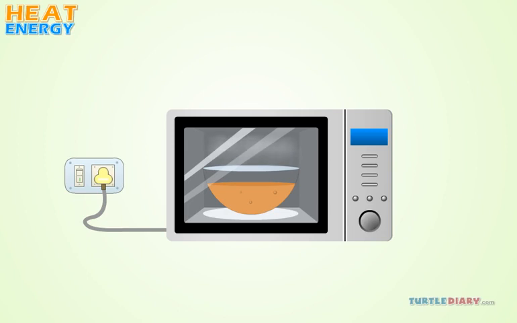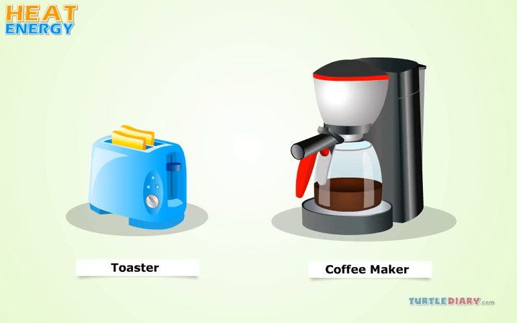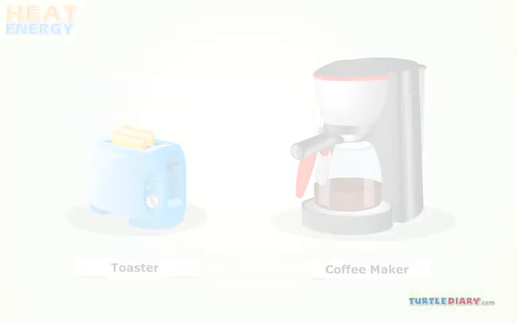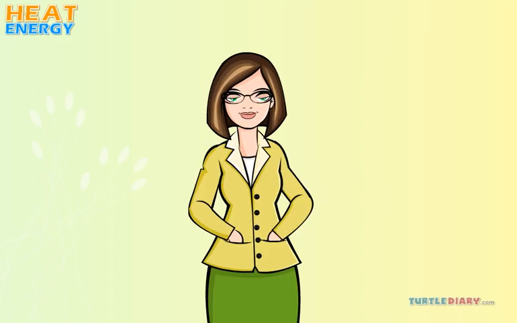The hot bowl transfers its heat energy to the liquid being heated. Toasters and coffee makers are two other sources of heat energy found in our homes. Can you think of any other source of heat energy?